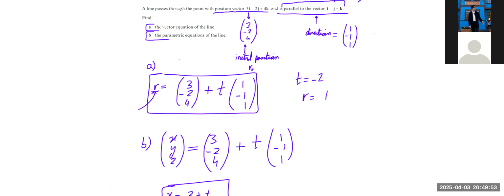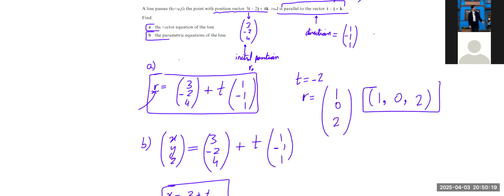The second value, sorry. -2 plus 2, which is 0. Good. And what's the third value? 4 plus negative 2, so 2. That's the new position, which means that you will end up at this coordinate. So you can actually convert it to an XYZ coordinate too. Another cool little thing.